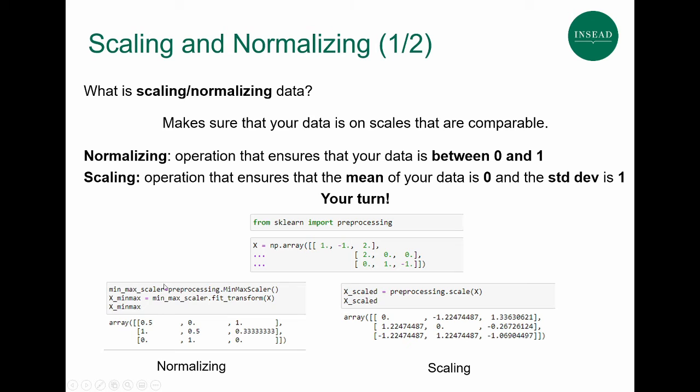This is calling the function that you're going to use later on. You apply it to your data by calling this MinMaxScaler you've defined, and fitting and transforming the x that you have. If you take a look at x_minmax, you'll get something that looks like this. As you can see, all the entries are between 0 and 1.